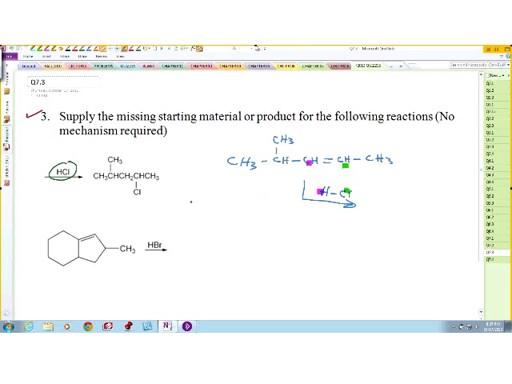Another possibility would be this here, in which case the hydrogen goes here and the chlorine goes here. Each one of these possibilities here will give you this product.